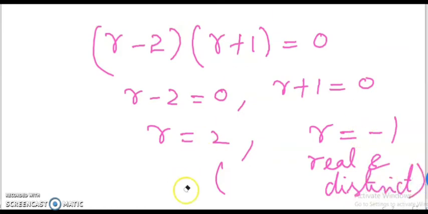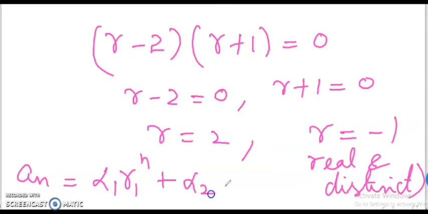So the solution will be of the form, just now we learned, a_n is equal to alpha 1 r1 power n plus alpha 2 r2 power n. We can take the first root as r1, second root as r2. So our solution is alpha 1 2 power n plus alpha 2 minus 1 power n.